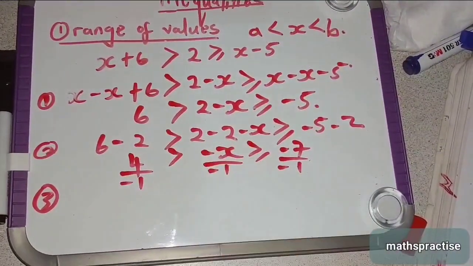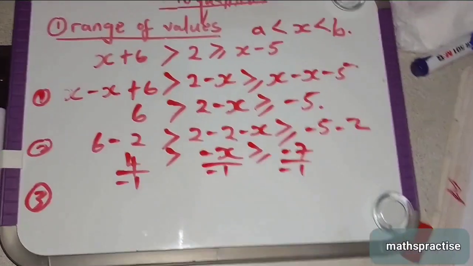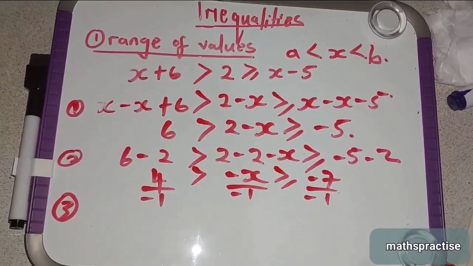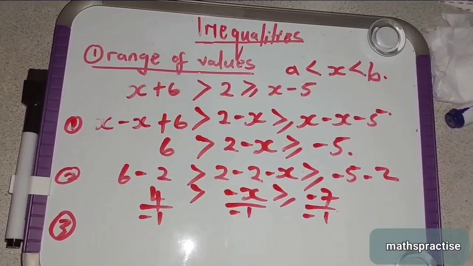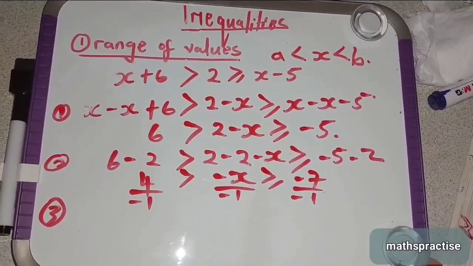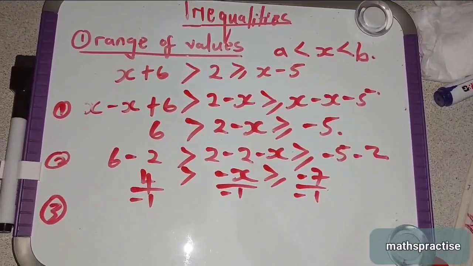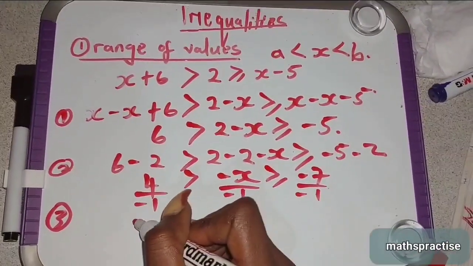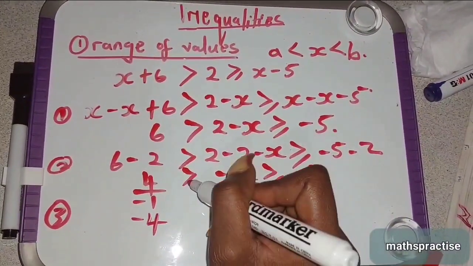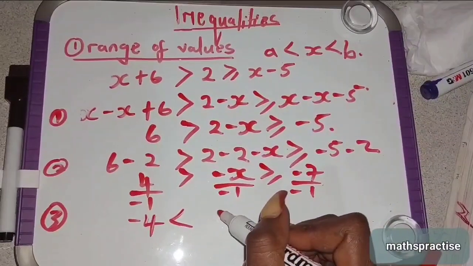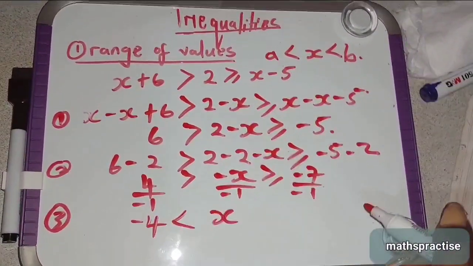Do the same throughout. Like we said in the previous video, when you are working with linear inequalities and you're solving them, whenever you divide by a negative number, the sign changes. So you end up having minus 4, and when the sign shifts, it becomes less than x.